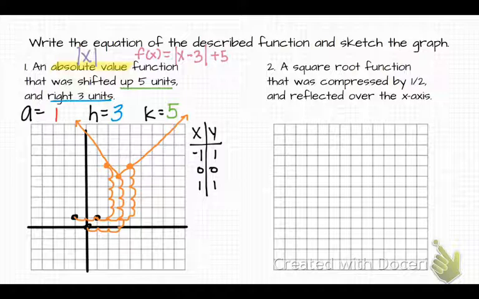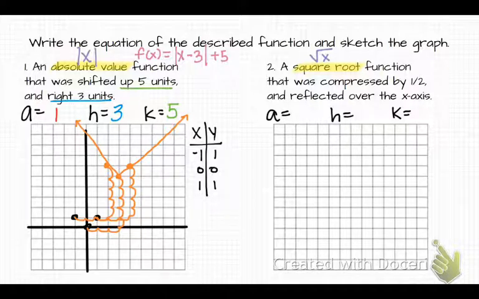Okay, for number 2, what kind of function is that? What does it say? A square root function. And what does that look like? A square root, good. Okay, so when I need to identify A, H, and K, what information do I have? It says was compressed by 1/2 and reflected over the x-axis. What does that mean?